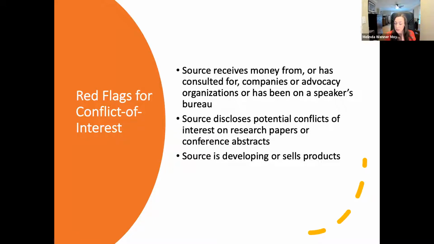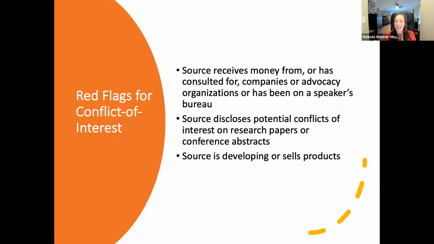A lot of conferences will ask sources to disclose any potential conflicts of interest. So those are always good to poke around in if you can. If a source is developing or selling products, that is another potential red flag that they might not be able to give a really unbiased perspective, if they're trying to make money from what they're saying.